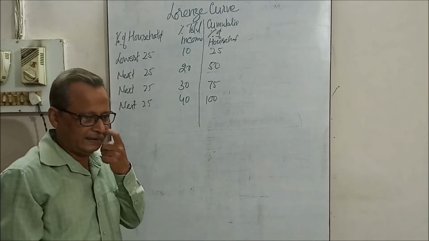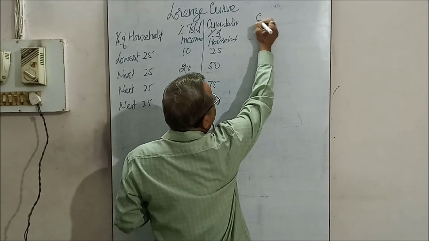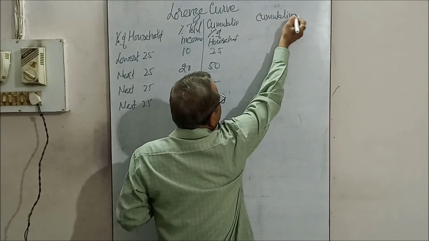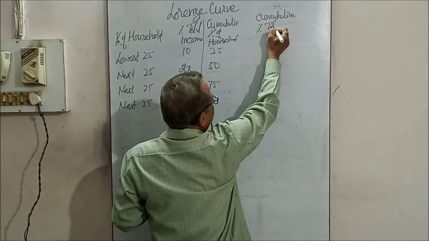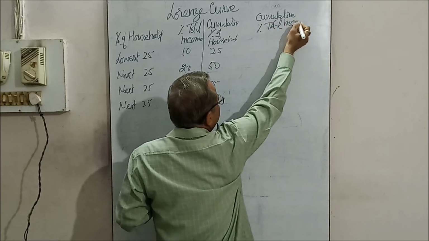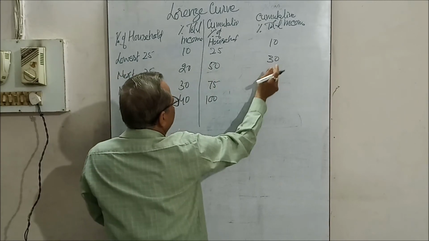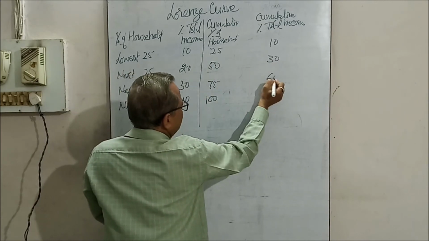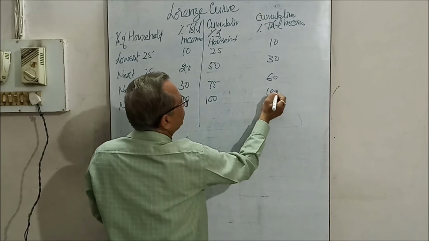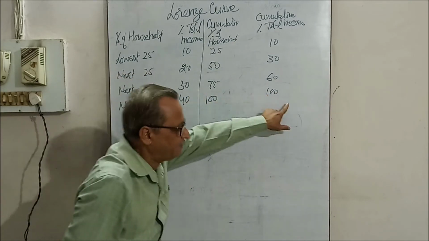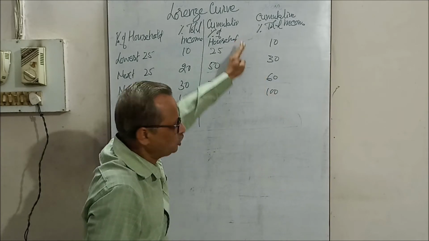And then the cumulative percentage of total income, that is 10, 10 plus 20 is 30, 30 plus 30 is 60, 60 plus 40 is 100. Now see, 100% of households are getting 100% of total income because that is cumulative.